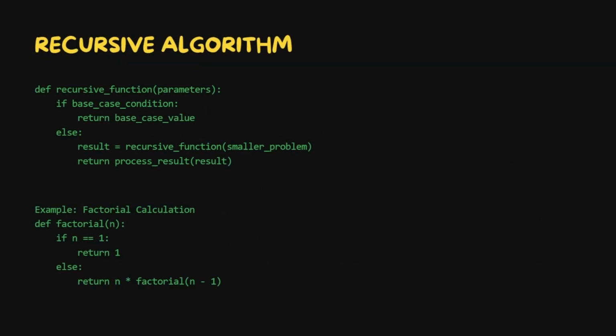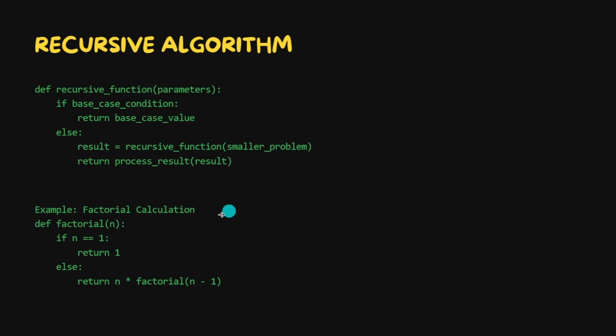Here's a general structure of a recursive function in Python. First we define the recursive function and pass the parameters. If the base condition is met, we return the base case value, else result is equal to the recursive function of a smaller problem. We are making it into smaller chunks. Then we return the result. Let's implement factorial in Python.